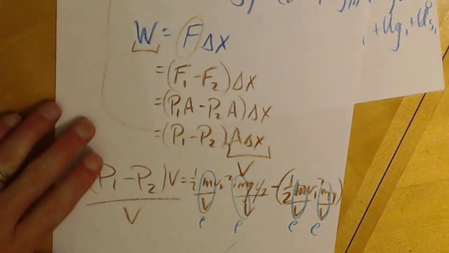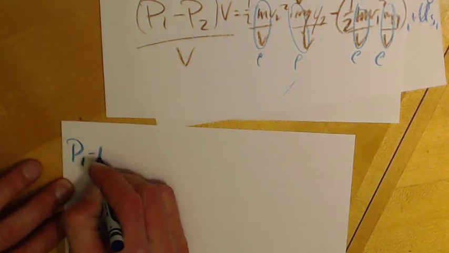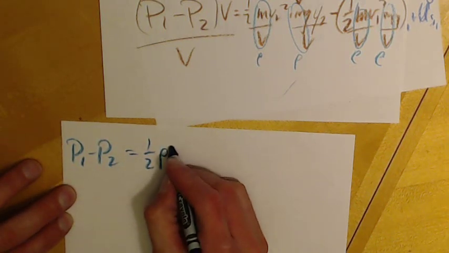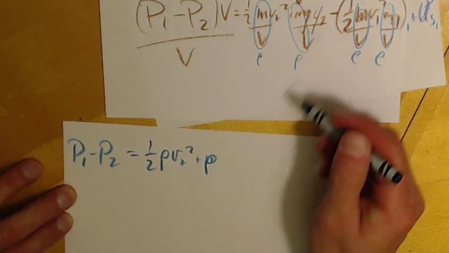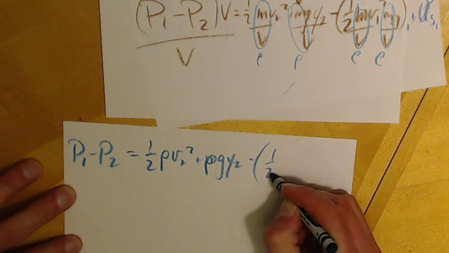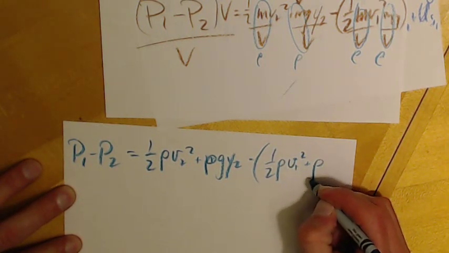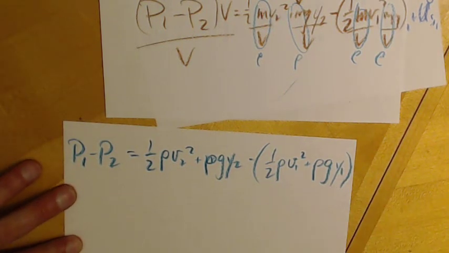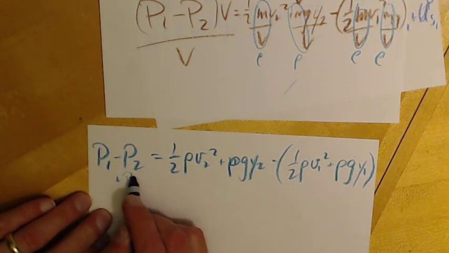What do I end up with? P1 minus P2 equals 1/2 rho v2 squared plus rho g y2, minus 1/2 rho v1 squared plus rho g y1. All right, I'm going to add this to both sides.